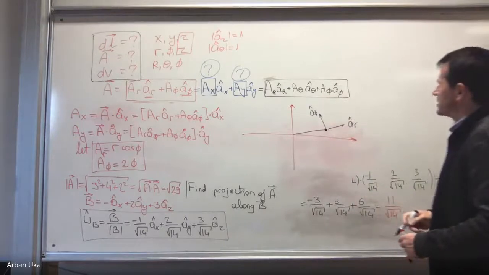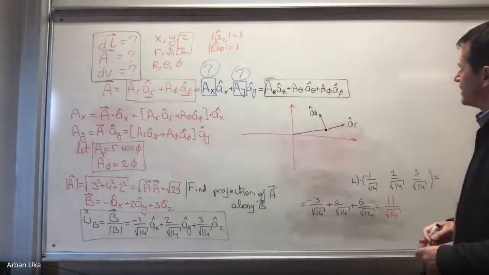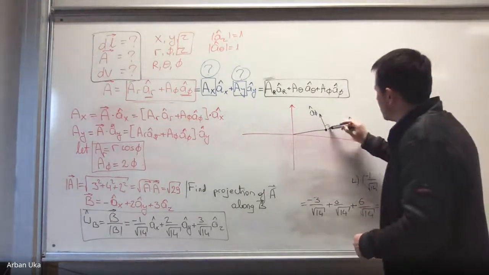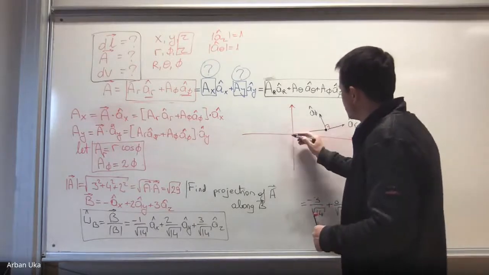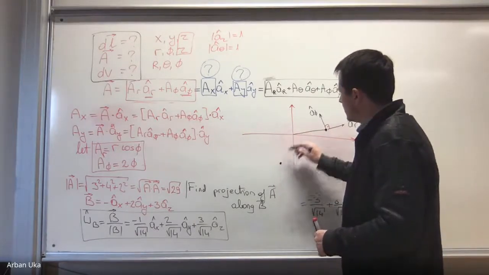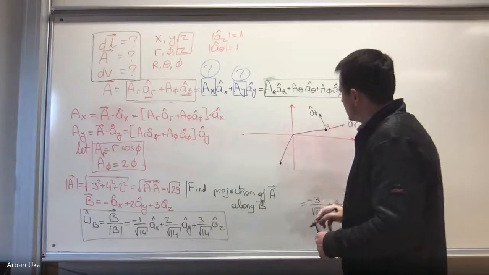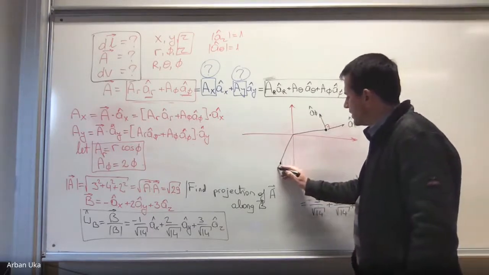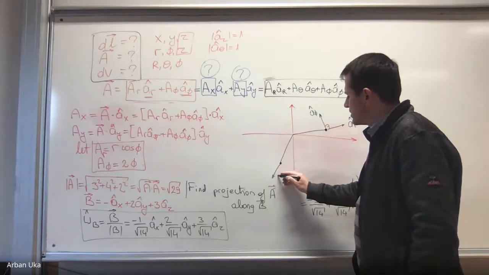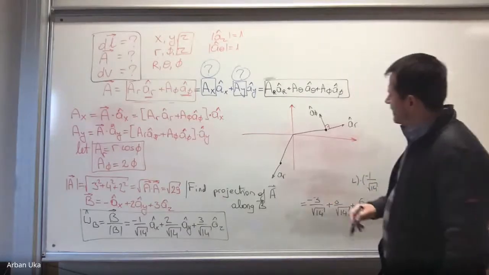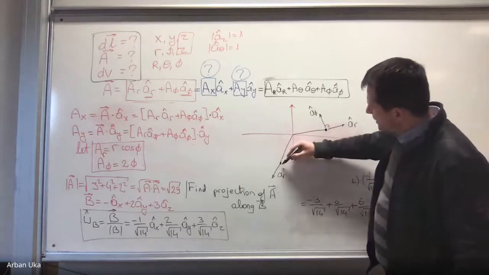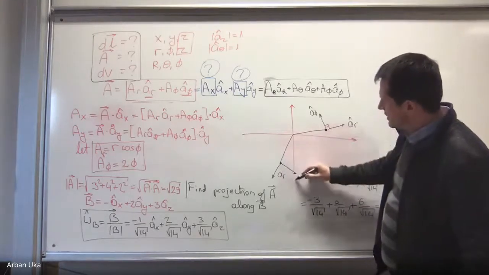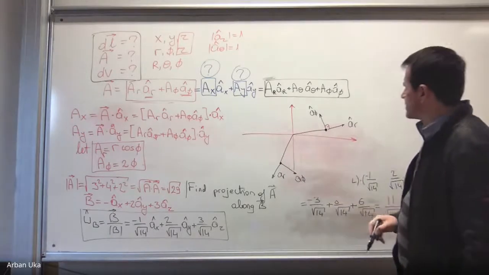The angle between these here is 90 degrees. And if we are at some other point, something like here, we'd have the similar situation. So AR would be in the direction where the radius is increasing, so this would be the AR, and the A phi would be right here, okay?